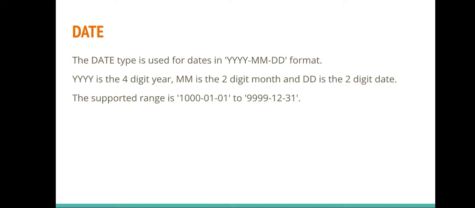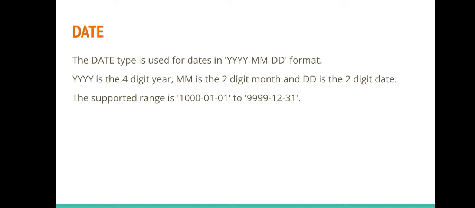For assigning the month we will use 2 digits, and for assigning the date we will use 2 digits. And we can store any date in the range from 1st January 1000 to 31st December 1999. Okay, this is the range for date data type.